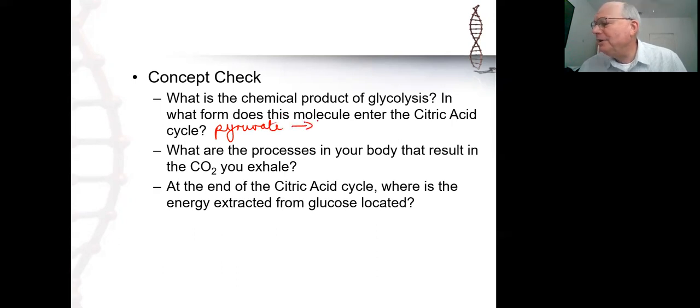And it enters the citric acid cycle as the acetyl group. So that's the answer to this question. The chemical product of glycolysis is pyruvate. It enters the citric acid cycle as the acetyl group.